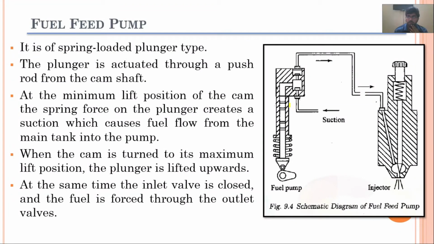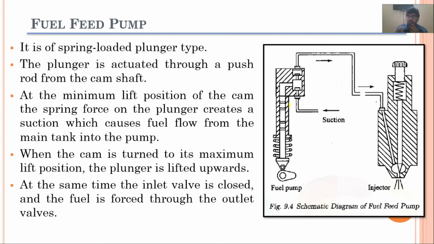So now we have concluded the four different arrangements which are being used for the mechanical injection system, and as I mentioned earlier, I will explain the components of this mechanical injection system in quite some detail. So now we will start the different components of this mechanical injection system.